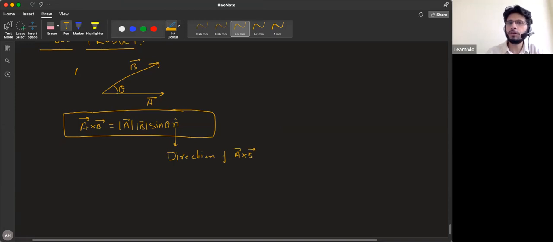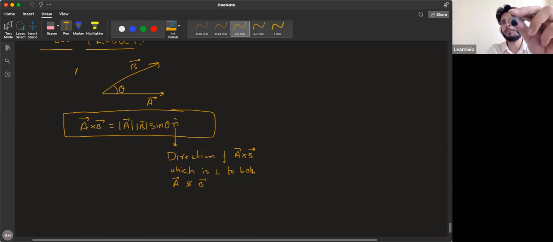So the direction of A cross B is perpendicular to both A as well as B, which is perpendicular to both vector A and vector B. So if A and B are in the plane of my laptop, then A cross B will be perpendicular to the plane of my laptop.